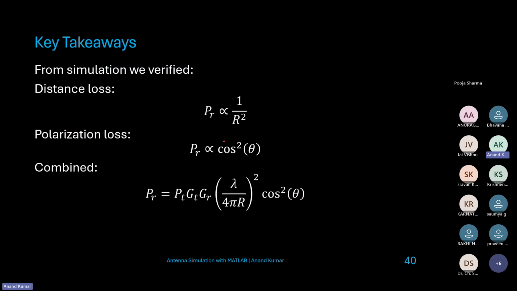It's pretty straightforward. The key takeaways: we verified these three cases. We saw the effect of distance, polarization, and gain. The gain was the same in both cases, and we saw the effect of lambda as well in terms of frequency in the earlier videos that I showed.